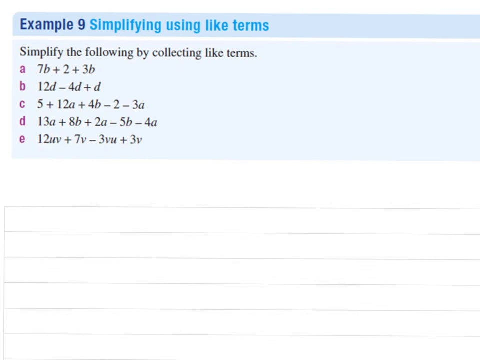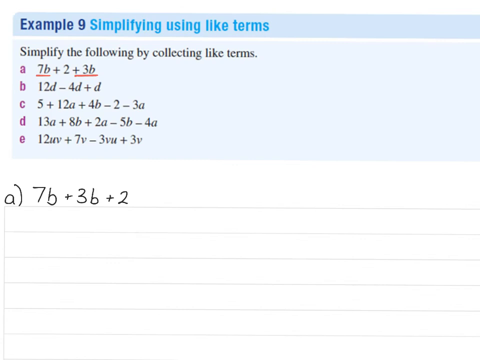For question A, I'm going to start by underlining the like terms. 7B is a like term with 3B. I can rewrite that expression if I wish as 7B plus 3B plus 2.